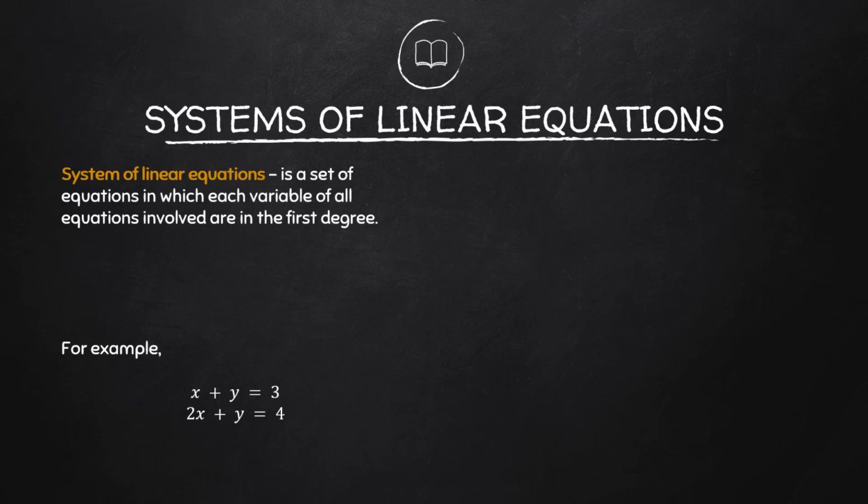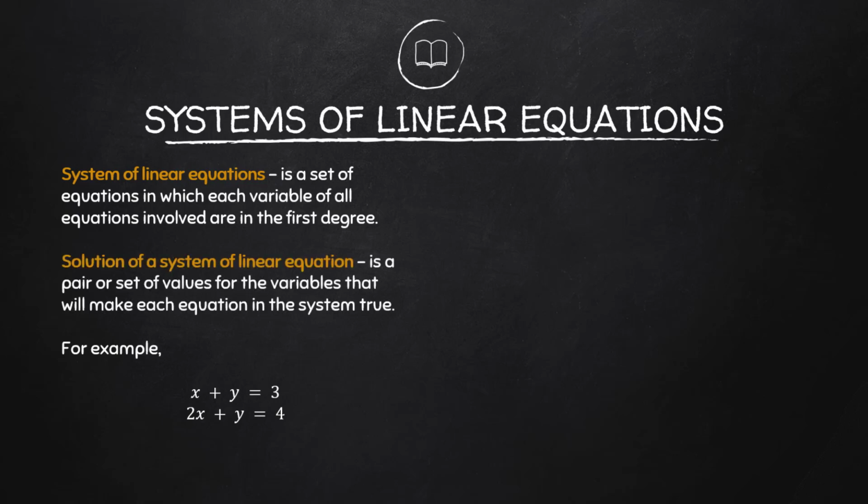So what do we call the solution of this system of linear equations? Those are a pair or set of values for the variables involved that will make each equation in the system true. If you choose to substitute the value of 1 to x and the value of 2 to y, we get a solution of the system.